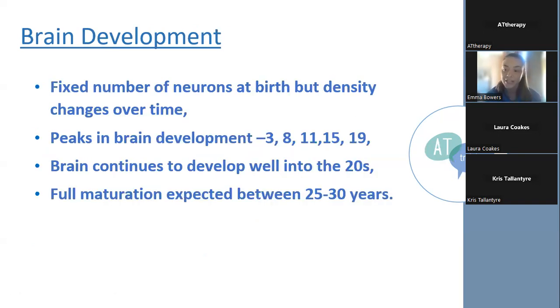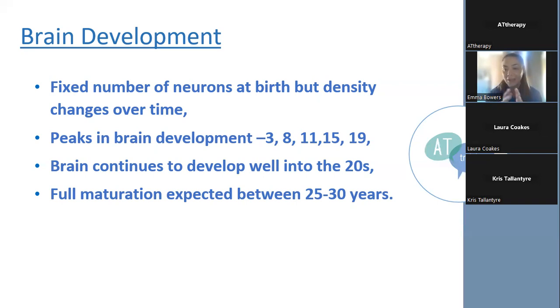So in terms of brain development, we are born with a fixed number of neurons at birth, but the density changes over time. So that's how our brain develops, it myelinates. And we have peaks in development throughout our life, but there's some major peaks that we can't really see. What we can see is usually just a very small indication of the huge biological and hormonal changes that are happening within ourselves.